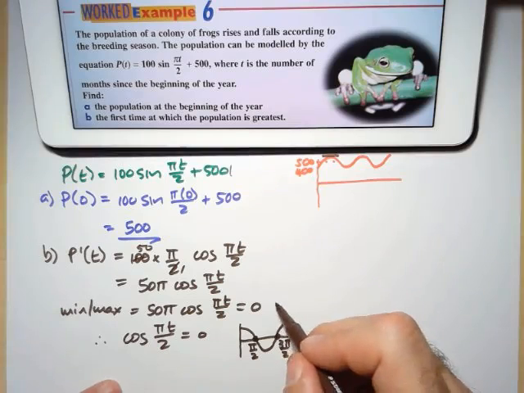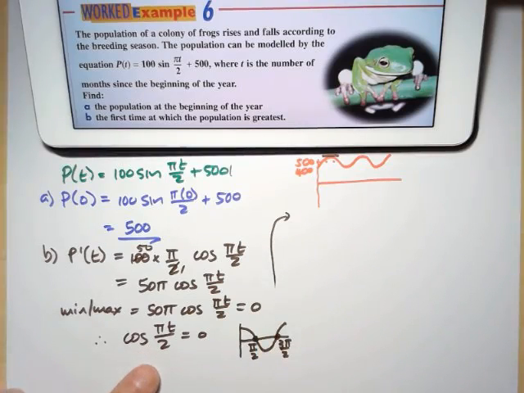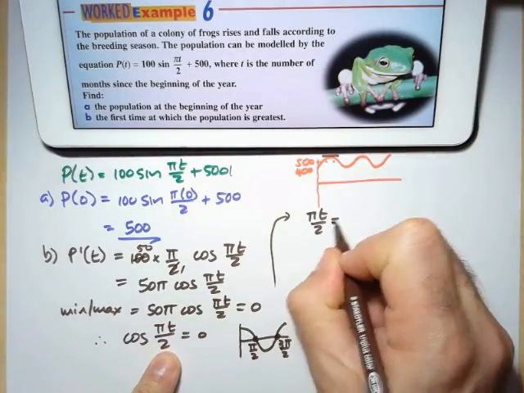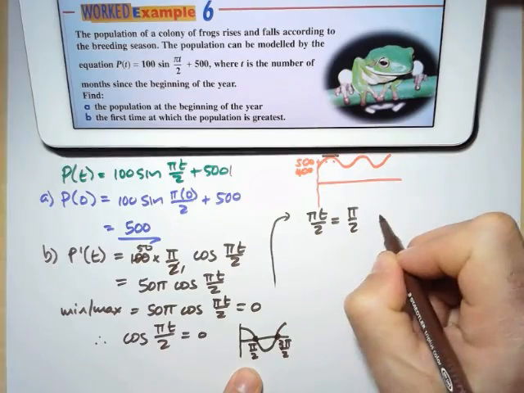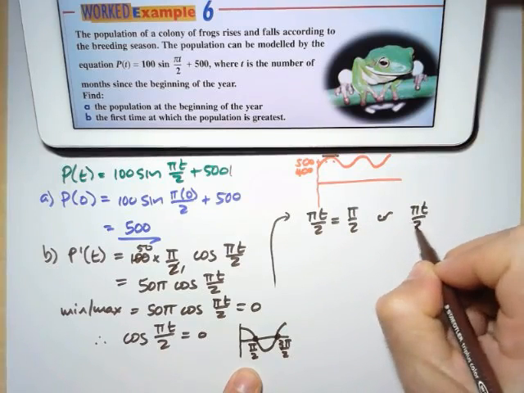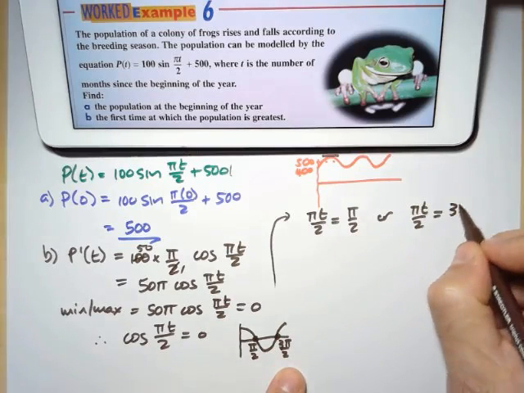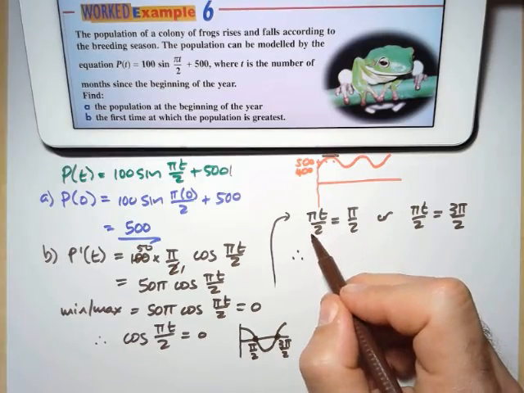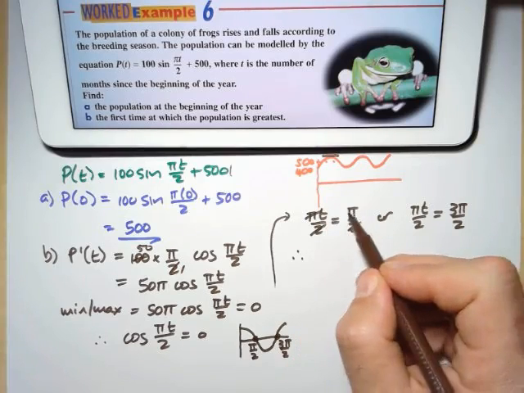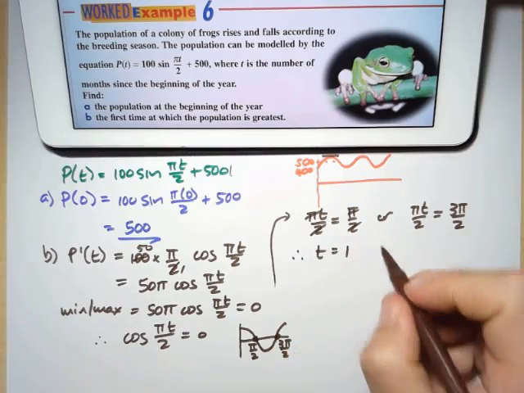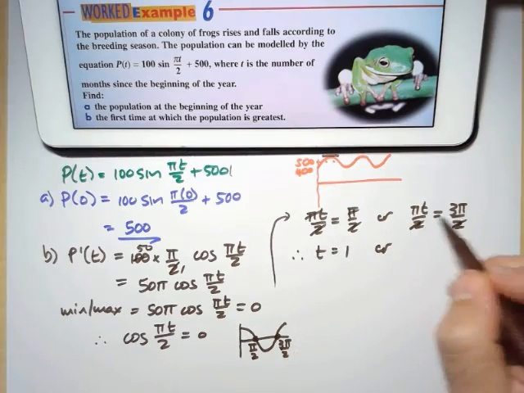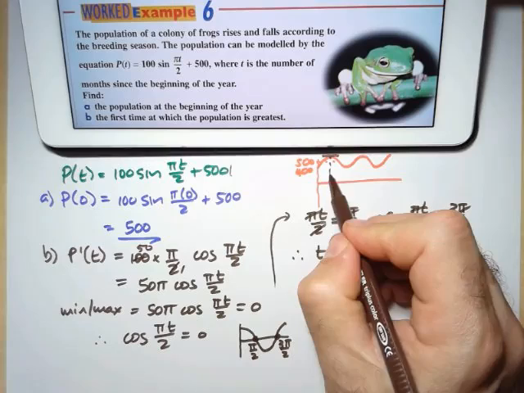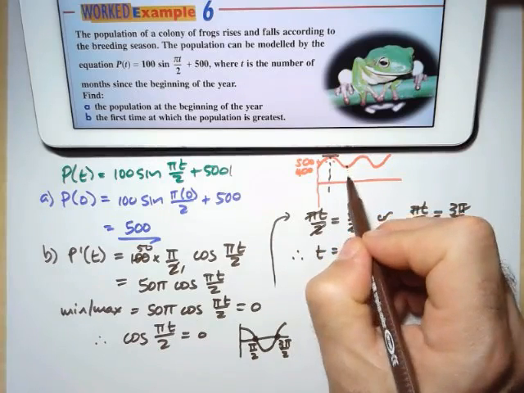So what does that give me? This angle, πt/2, must equal π/2, or πt/2 must equal 3π/2. Therefore, I multiply both sides by 2, they cancel, divide both sides by π, so t equals 1, or t equals 3.